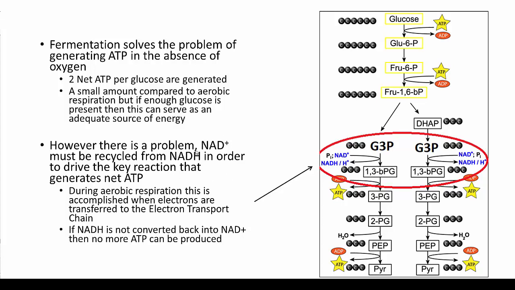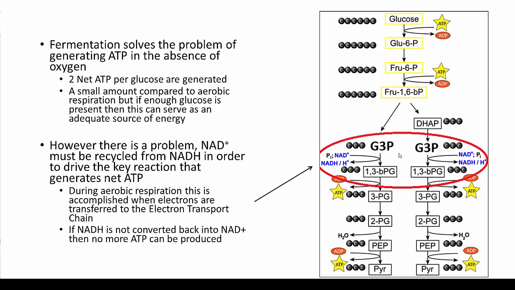When there's no oxygen, the problem is that we end up with NADH but don't have an immediate way to convert it back into NAD, which is necessary in order for this step here in glycolysis to take place. So this is a step in which glyceraldehyde 3-phosphate is phosphorylated and NADH is generated in the process. Okay.